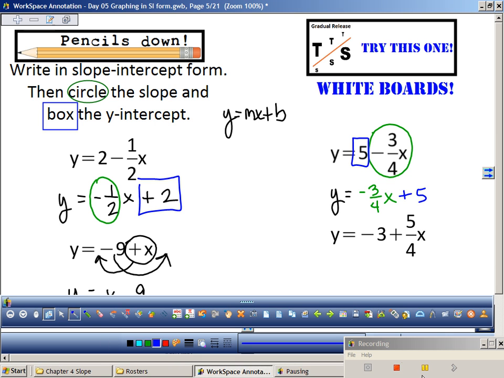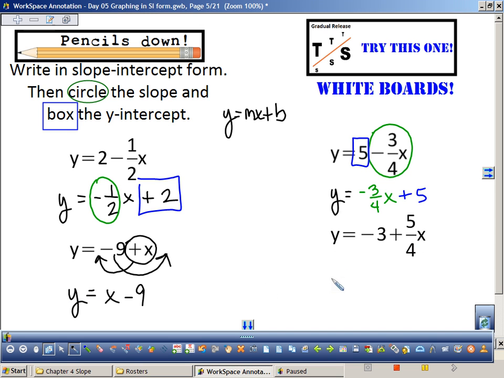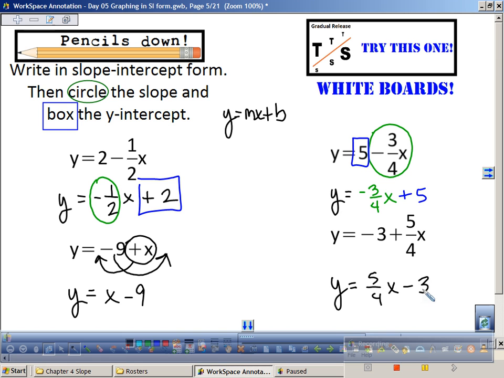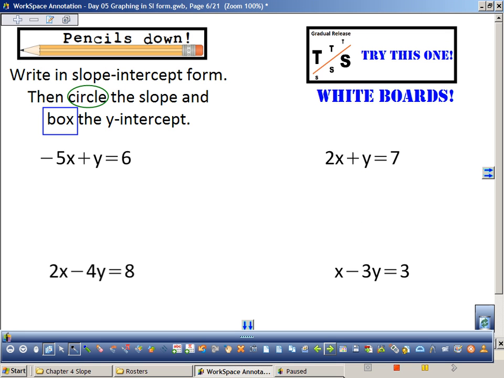Try this next one for me. So you guys are doing a good job at this. So when these two switch, you get y equals 5/4 x minus 3. All right, let's move on.